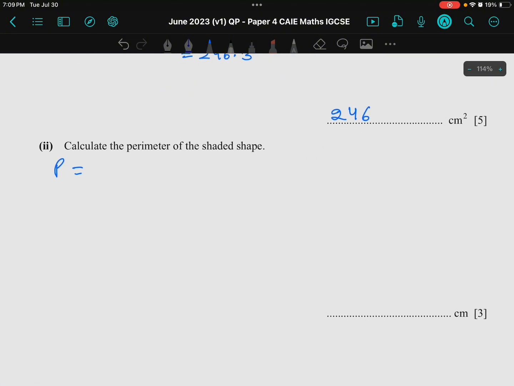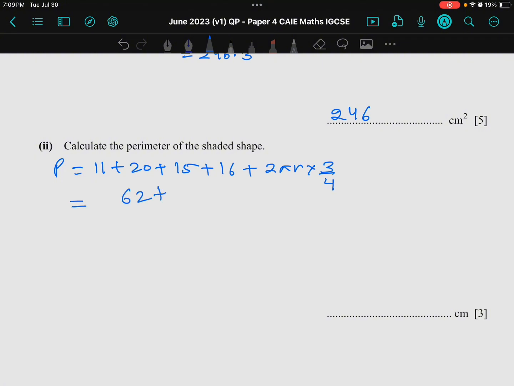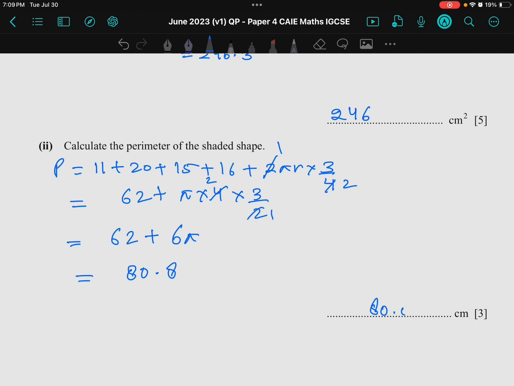So P is equal to 11 plus 20 plus 15 plus 16 plus 2 pi r multiplied by 3/4. So it is 62 plus pi into the value of r is 4 into 3/2. 2 3s are 6. 62 plus 6 pi. Put this in your scientific calculator. It is 80.8. So your answer is 80.8 centimeter.